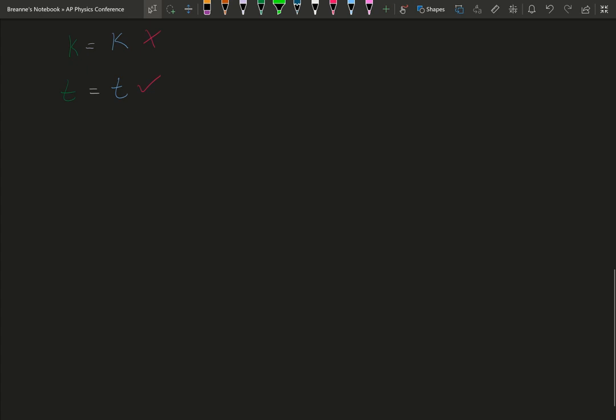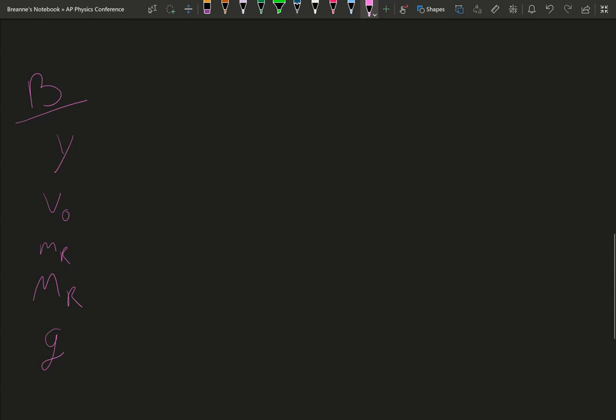So for B, we're looking for max height. We're looking for y, and our equation can only have v naught, little m, big M, and g, and any other constants. That'd be like if it needed a theta or a mu or something like that.